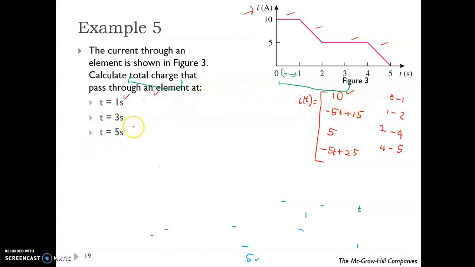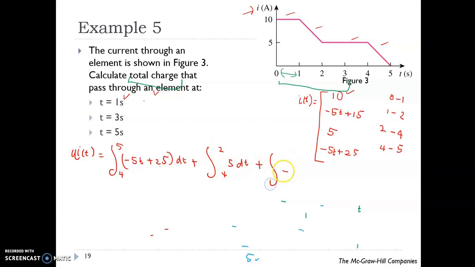You need to integrate: q of t is equal to the integral from 4 to 5 of minus 5t plus 25 dt, plus the integral from 4 to 5 of minus 5t plus 50 dt, plus the integral from 1 to 2, plus the integral from 0 until 1 of 10 dt.